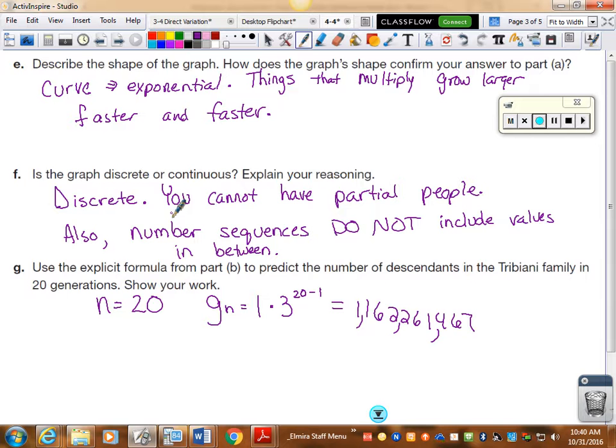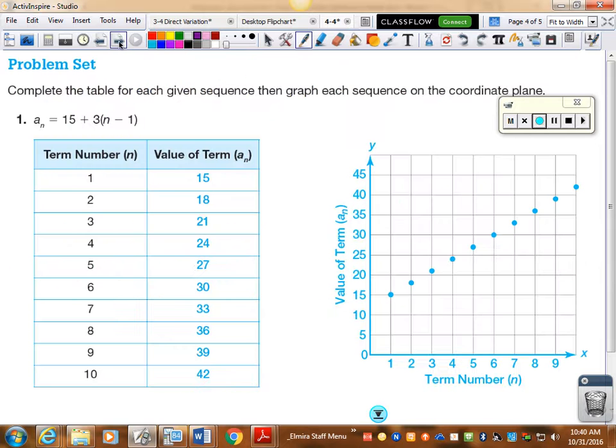Okay, so what you're expected to do in your homework, and this is the first one that's done for you in the homework, is use the formula that they give you. Remember that the first term you get from the first thing after the equal sign, the 15. Then it says plus 3.